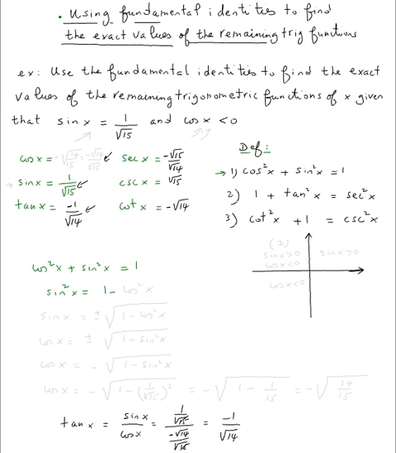So sine square is equal to 1 minus cosine square. Now using the square root method, sine x will be equal minus or plus, don't forget that, square root of 1 minus cosine square.